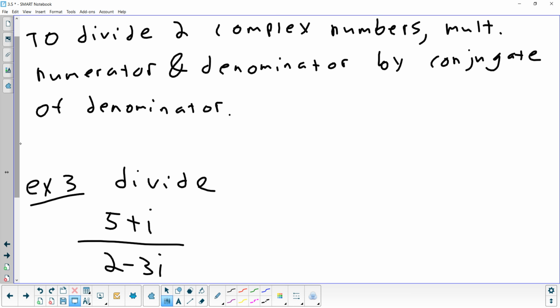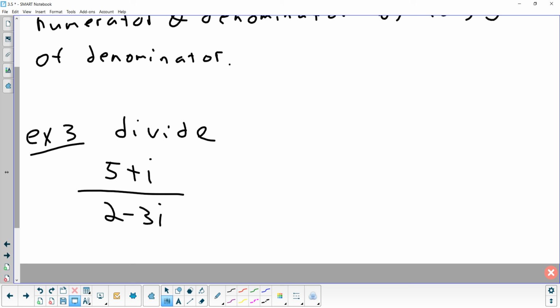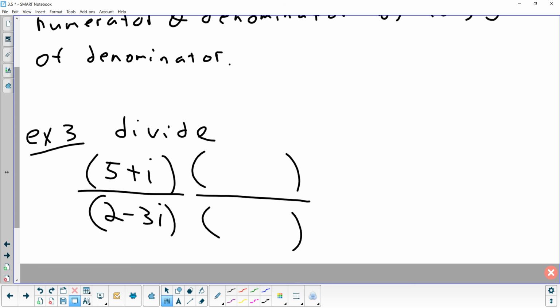All right, so let's see if we can write that out and then watch what happens. I like to put all the parentheses in because I know I'm going to have a lot of distributive, so I don't want to forget that. And can anybody tell me, what am I going to multiply top and bottom by?